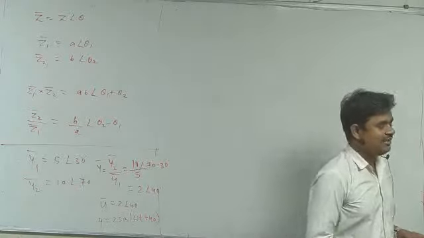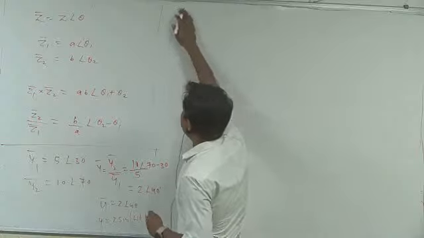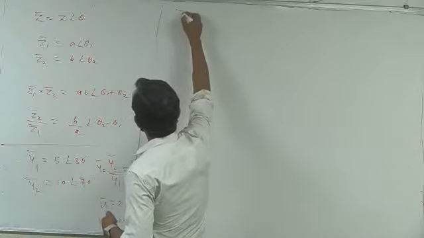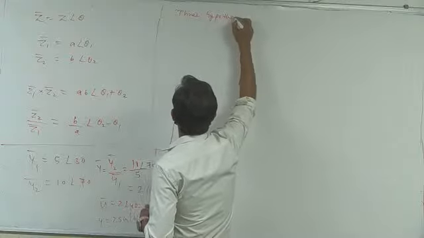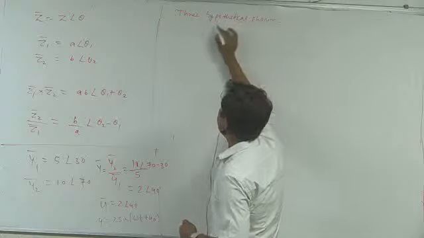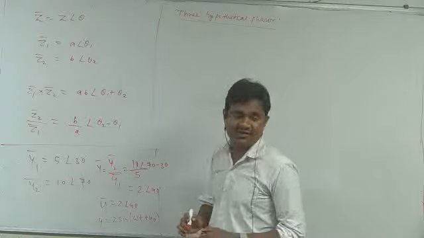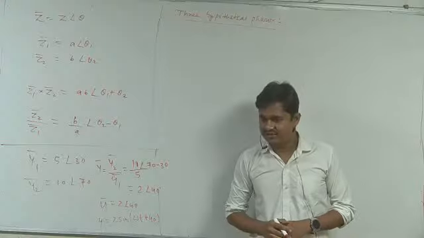Now we are going to consider three hypothetical phasors which will be important for our discussion. They will make our calculation very easy, and we will be comfortable doing the calculations.